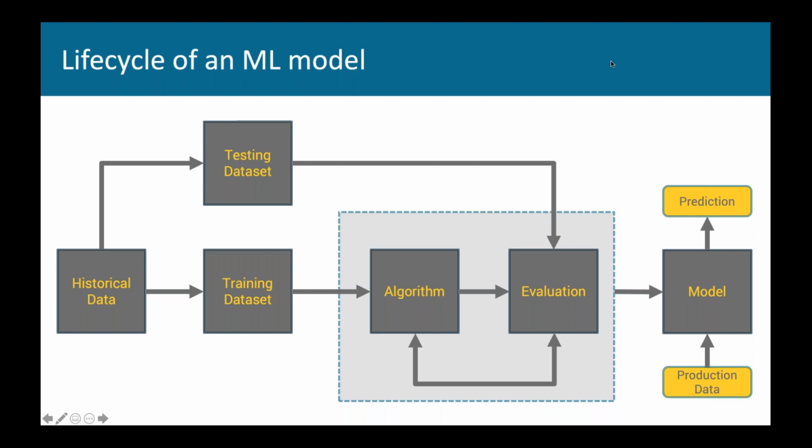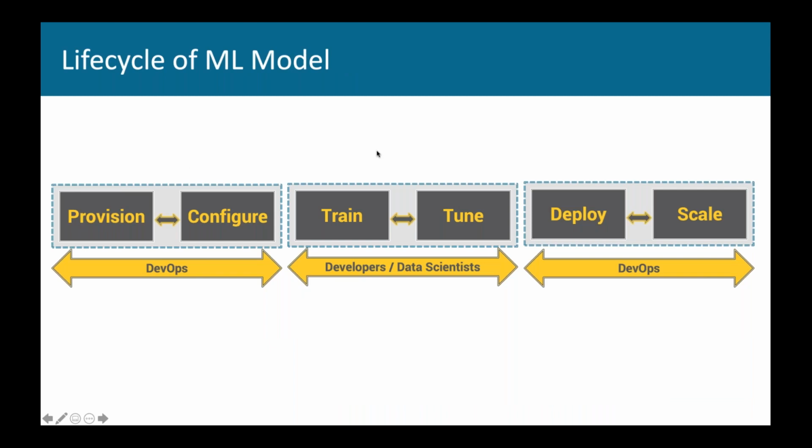The other way of looking at the machine learning lifecycle is from the lens of DevOps, data scientist, software developer, and sysadmin. So there are multiple stages involved in training a machine learning model. When it comes to infrastructure, the DevOps team has to provision clusters, provision nodes, and provision the whole infrastructure responsible for running the data science environment.